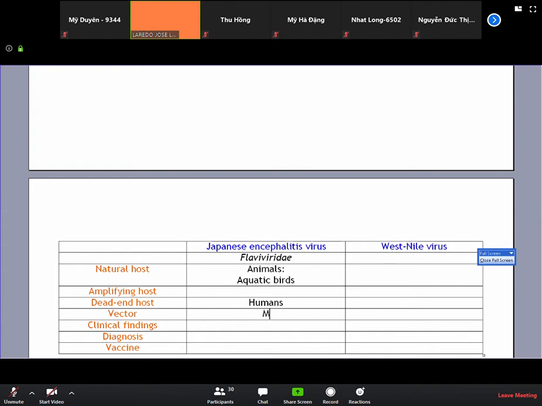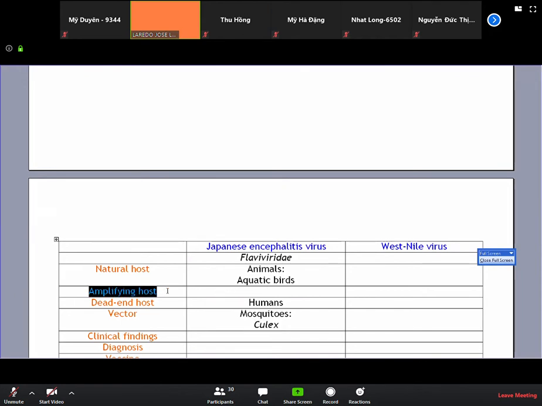And the vector, mosquitoes that belong to the genus Culex, that you will study next year in the practice of parasitology. However, in the middle, we have another host that we didn't explain yesterday, that we call amplifying host.